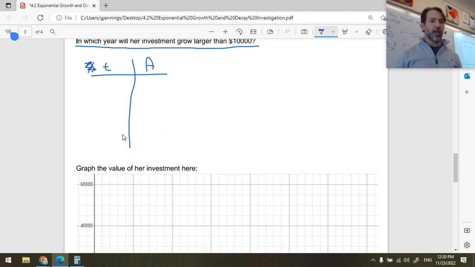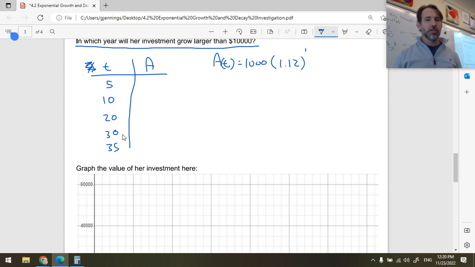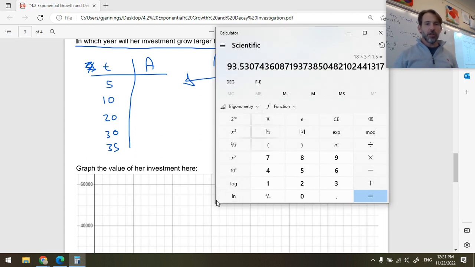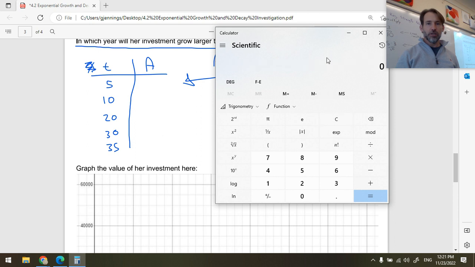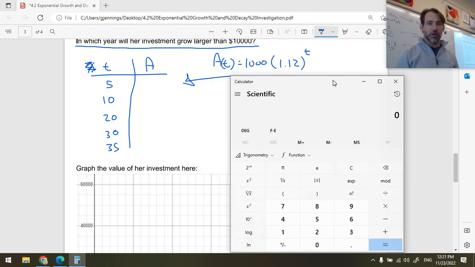We're going to be fine looking at 5 years, 10 years, 20 years, 30 years, and then let's look at 35 years. Okay? We're going to use this function, A is a function of time is equal to $1,000 multiplied by 1.12 raised to the power time to generate these values. So let's go ahead. Punch them on your calculator. Get your calculator out, start working it, see if you can work faster than I can.